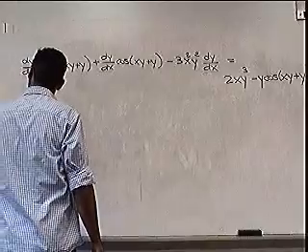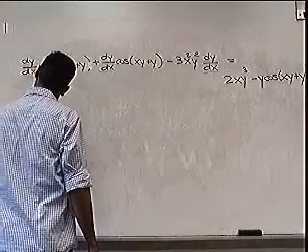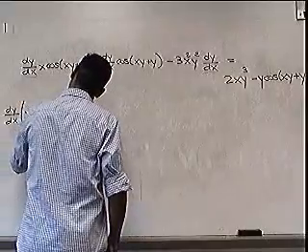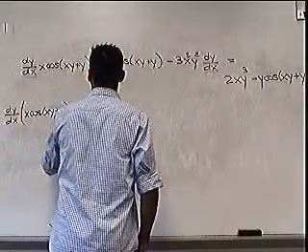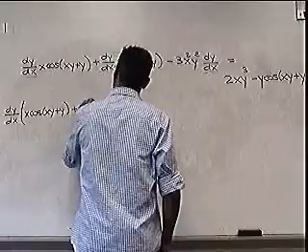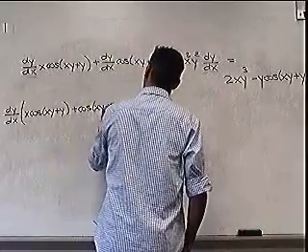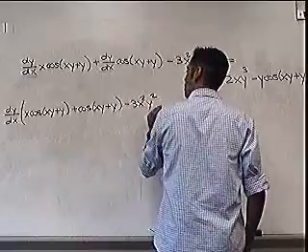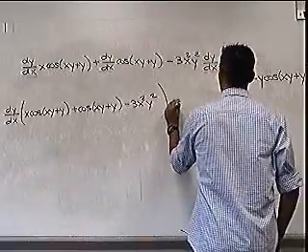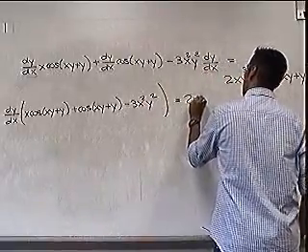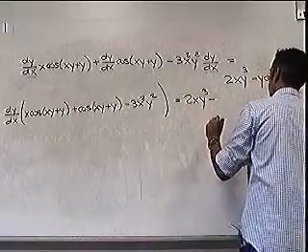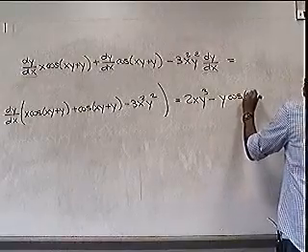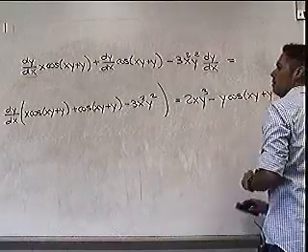So I'll have dy dx, and then what will be left is x cosine(xy) plus y, plus cosine(xy) plus y, minus 3x squared y squared. Then on the other side, we still have the 2x y cubed minus y cosine(xy) plus y.